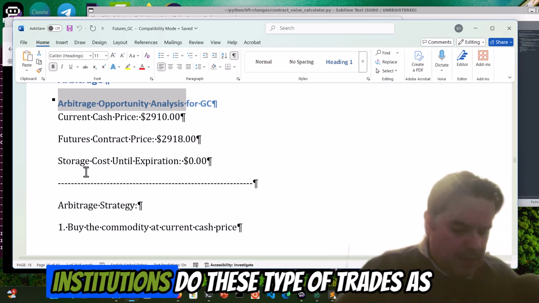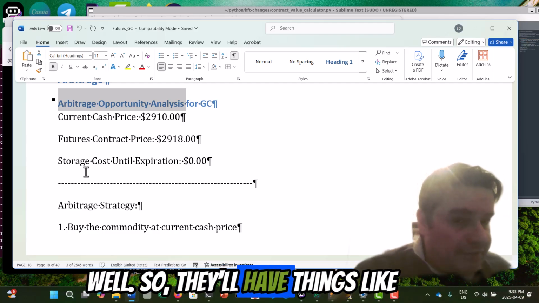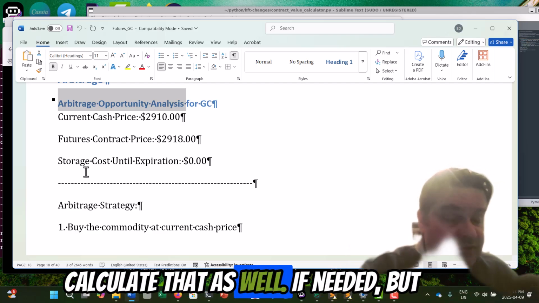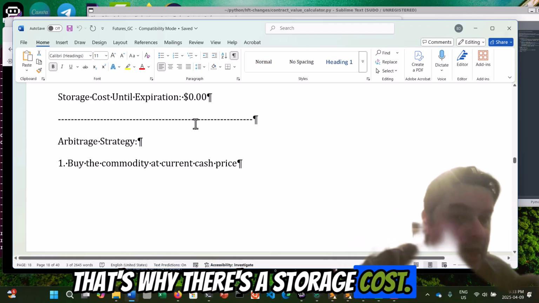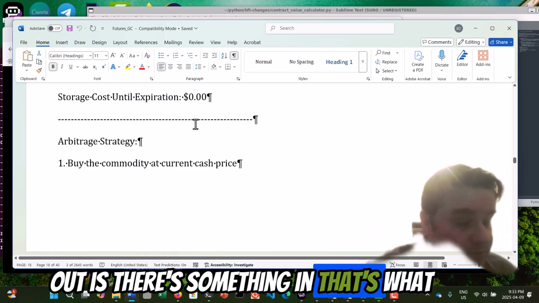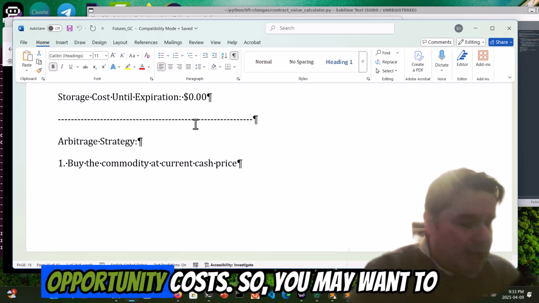Depending upon who's looking at this, we have to factor in that institutions do these types of trades as well. So they'll have things like storage costs. So we need to calculate that as well if needed. That's why there's a storage cost. Another thing that people don't figure out, and that's what you learn in the course, is opportunity cost.